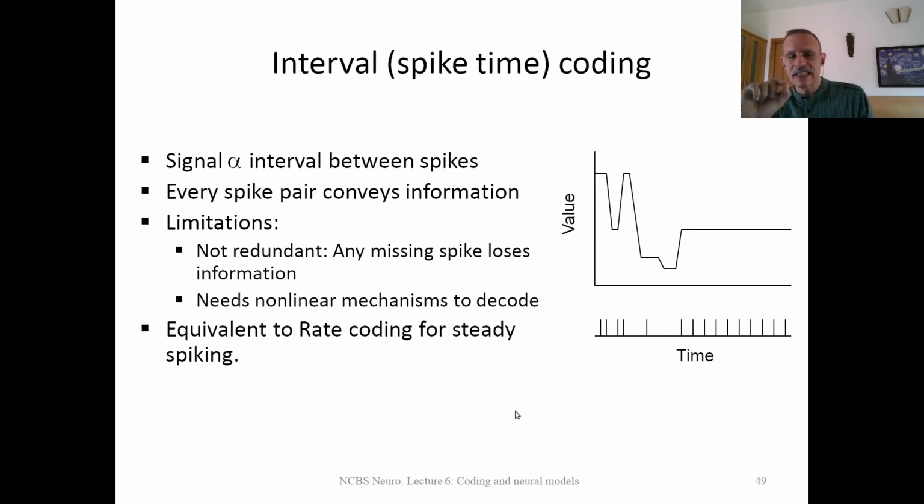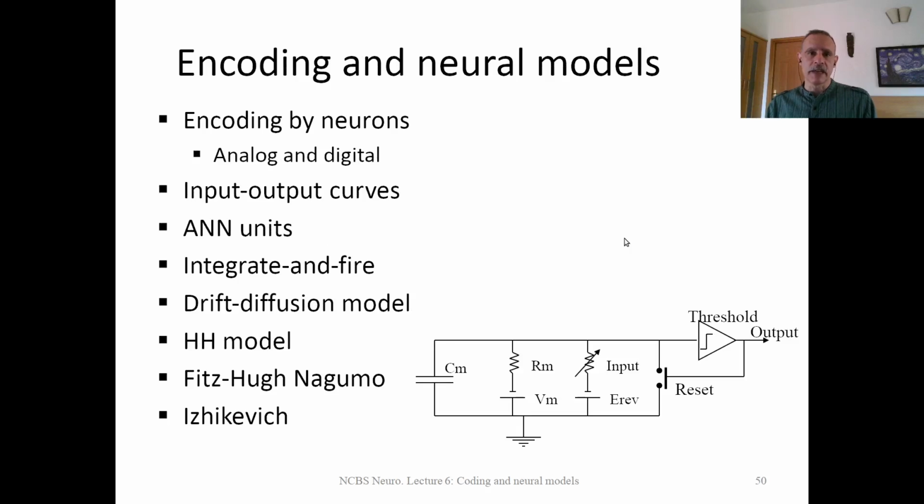You've just had a little glimpse of what you can do with interval coding, where maybe two very close by inputs can represent a strong stimulus, and two somewhat more distant inputs can represent a weaker input. And you've seen then how neurons can encode all of these through different mechanisms, especially with reference to the biophysical basis of the integrate and fire neuron.